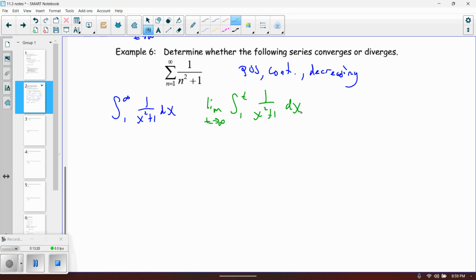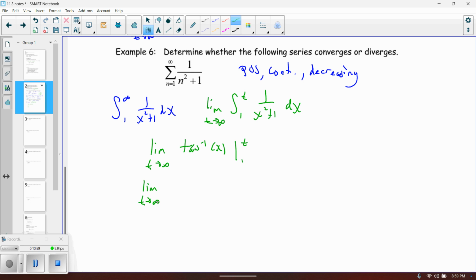The antiderivative of 1 over x squared plus 1 is inverse tangent of x. So we get the limit as t goes to infinity of the inverse tangent of x from 1 to t. And it is important to have this limit on there, because otherwise it's not the correct improper integral.